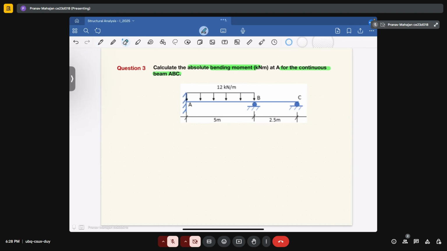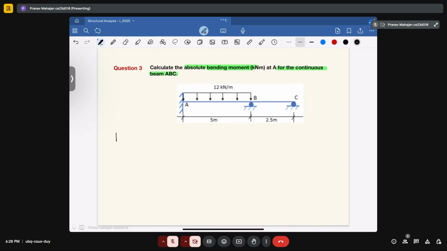So your stiffness coefficient for BA, as the far end is fixed, will be equal to 4 EI upon L of AB, and that will give you 4 by 5 of EI.